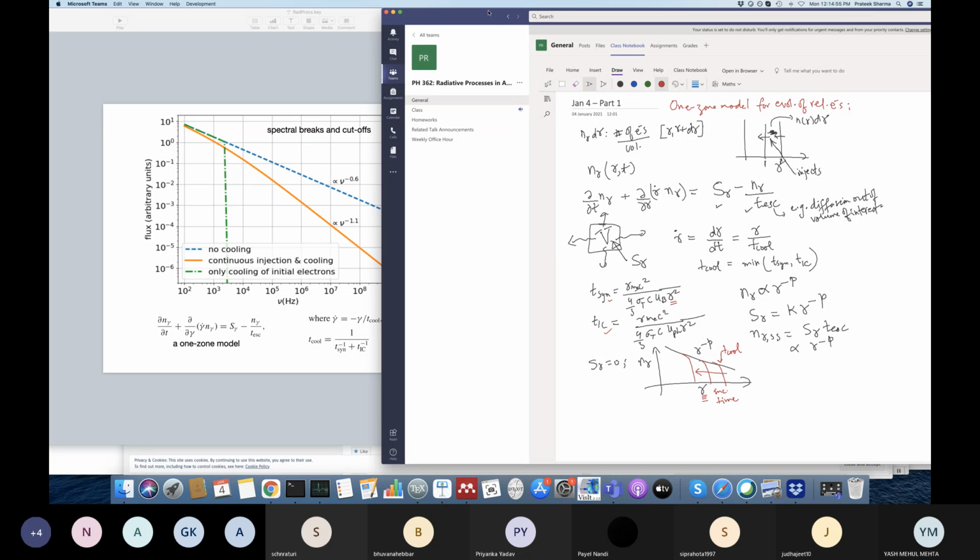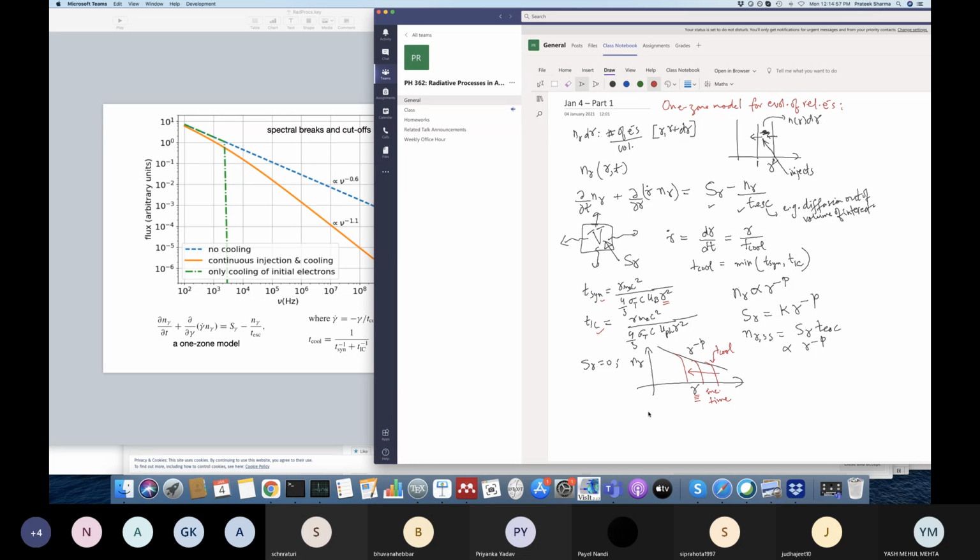And what happens to the spectrum? This is for n gamma. We know that the spectrum epsilon nu is proportional to nu to the minus p minus 1 by 2. We saw this for synchrotron and also for inverse Compton, if you have a constant frequency of seed photons. So this is your epsilon nu, in flux space rather than gamma space.